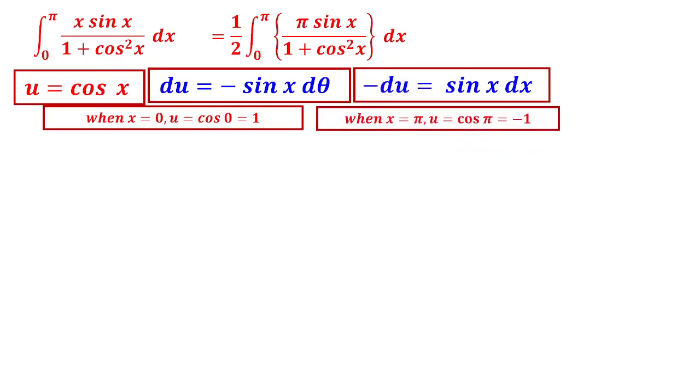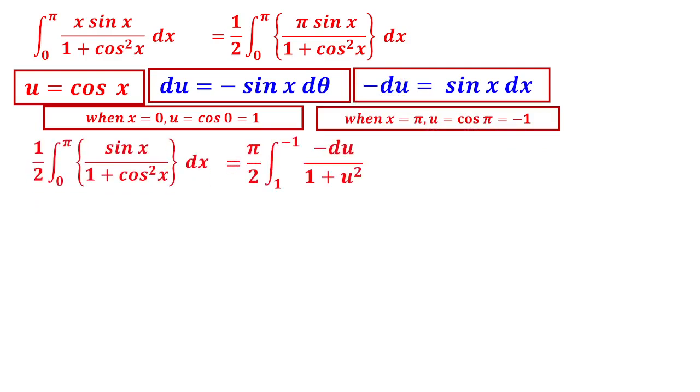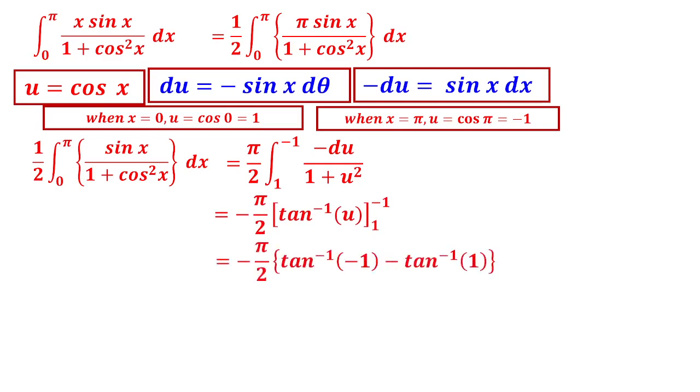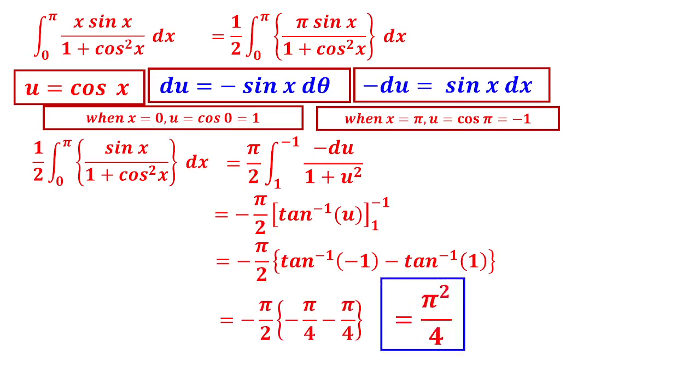When x is equal to 0, u is 1. When x is pi, u is minus 1. Therefore, the integral will be from 1 to minus 1 of minus du, giving minus pi by 2 tan inverse of u from 1 to minus 1, which is tan inverse of minus 1 minus tan inverse 1. It is minus pi by 4 minus pi by 4. The answer is pi square by 4.